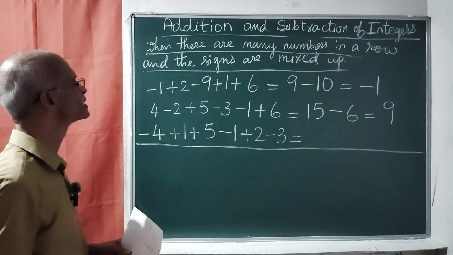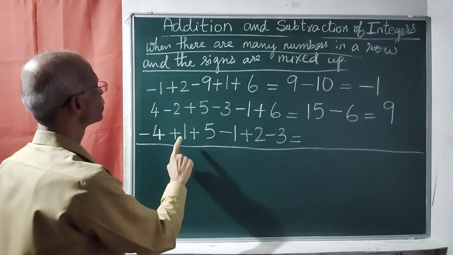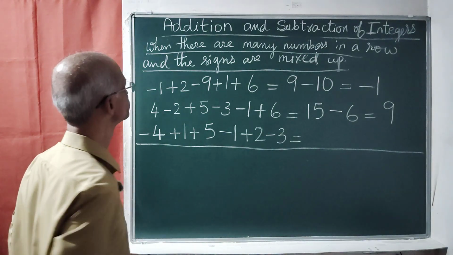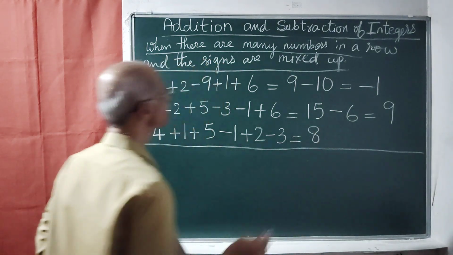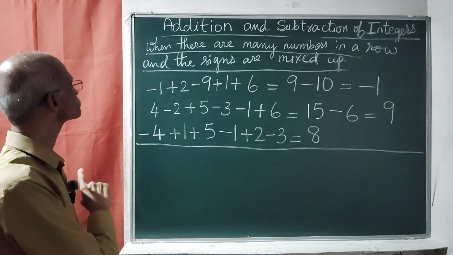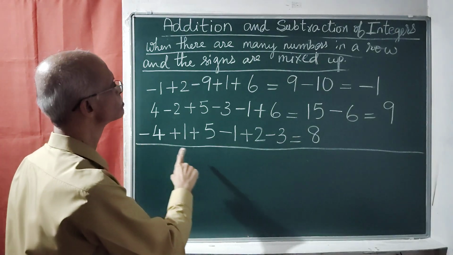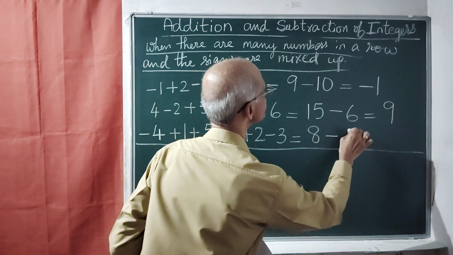Here also same thing. Pick up the plus numbers: 1, 5 and 2. So I'll get plus 8. Then pick up the minus numbers and add and put minus. I'll get minus 8.